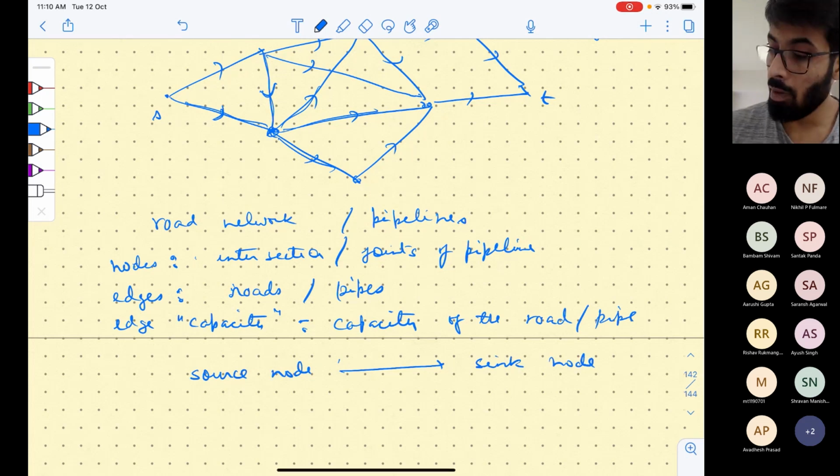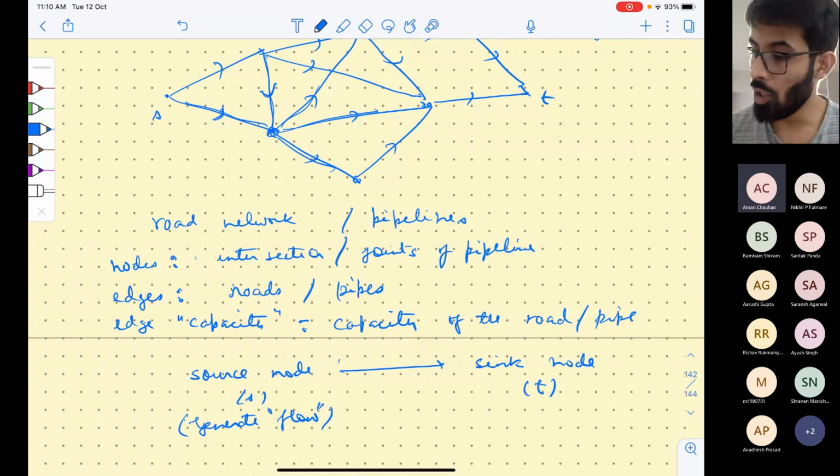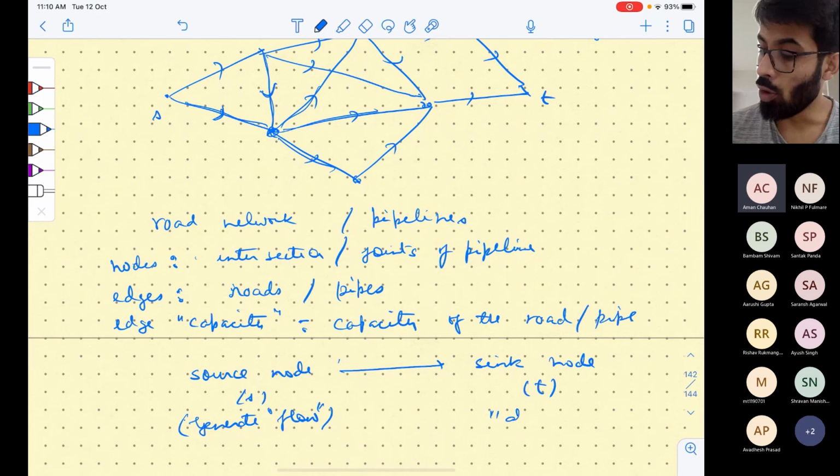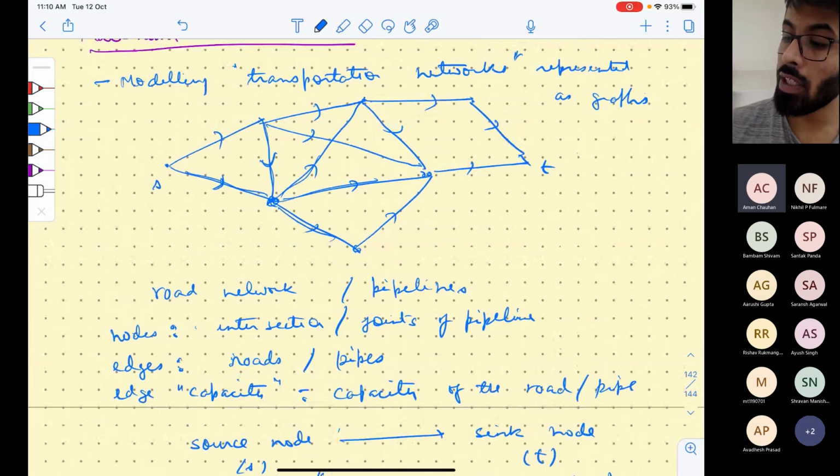So the source node generally will be S, the sink node will be represented by T, and we want to generate flow here. So again, we'll define these things in more detail, and we want to absorb the flow here. And we want to maximize this quantity, that is how much flow we can achieve from S to T, right?